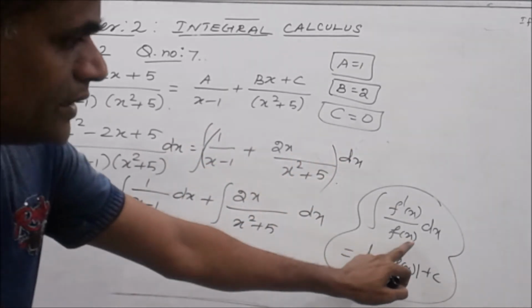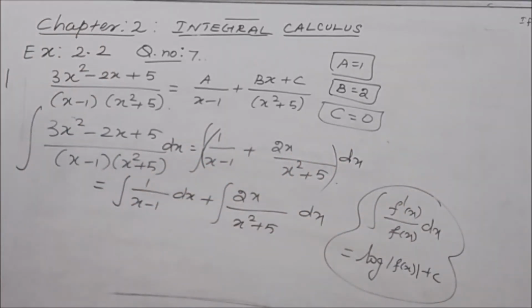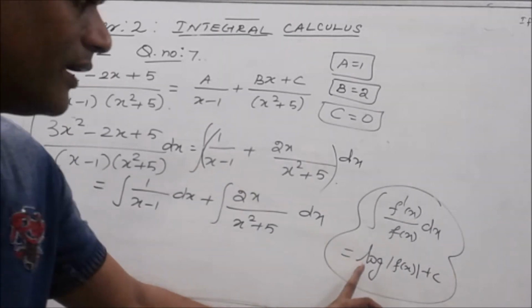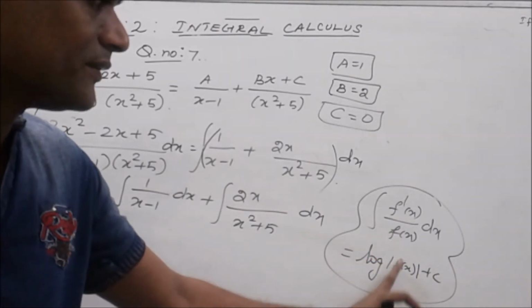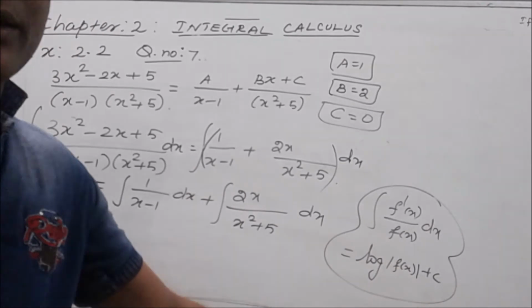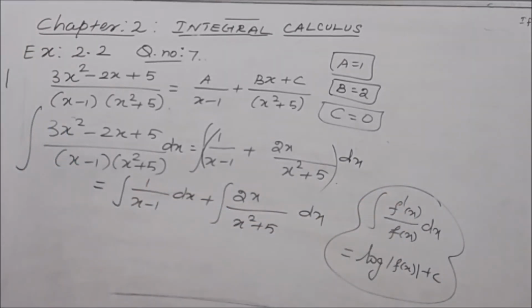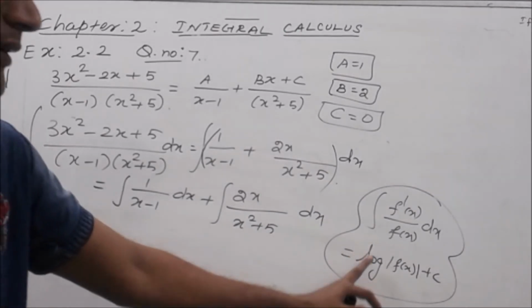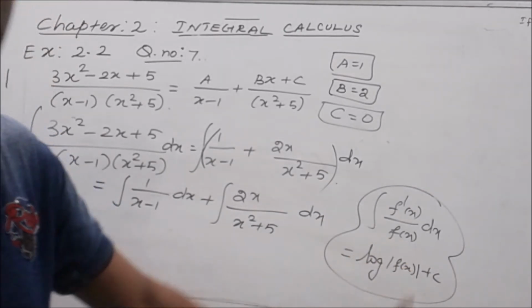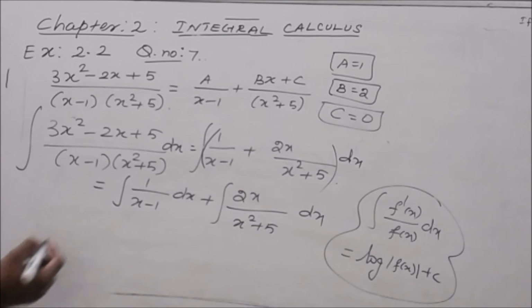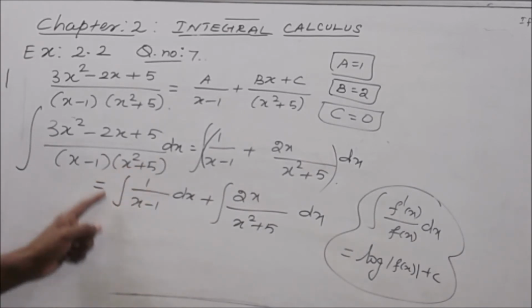When the derivative of the denominator appears in the numerator, we can apply log of modulus of f of x, that is log of modulus of the denominator. For that the integral formula is log of modulus of the denominator plus c. Now look at the first fraction, the first case.